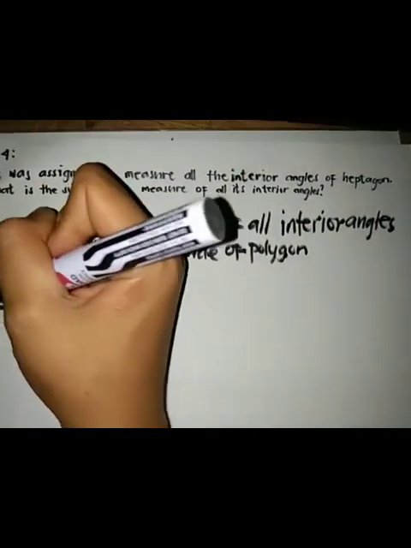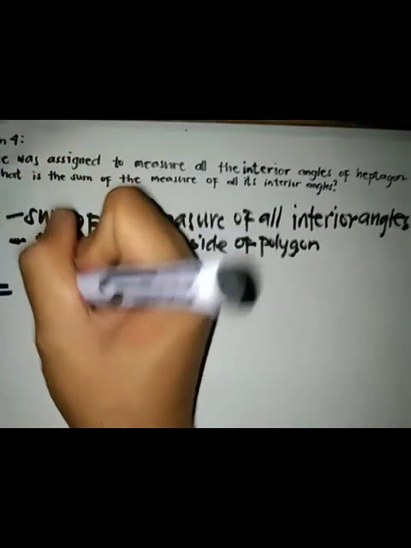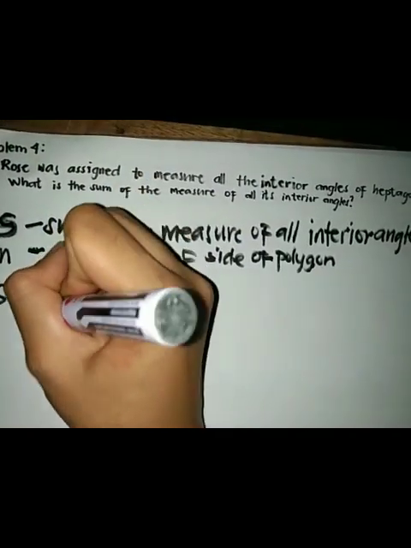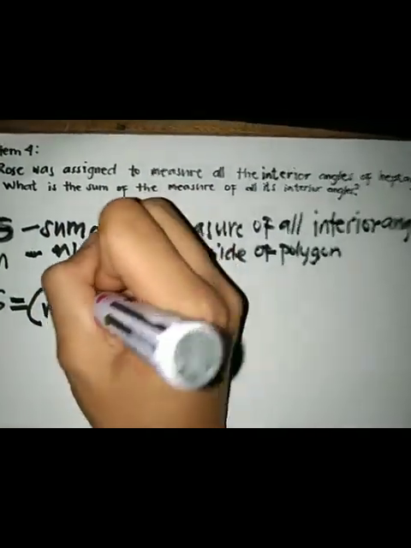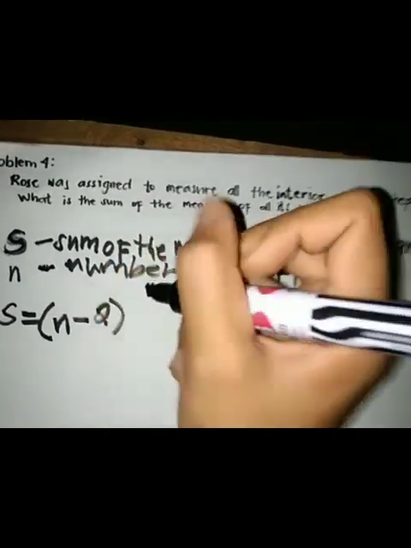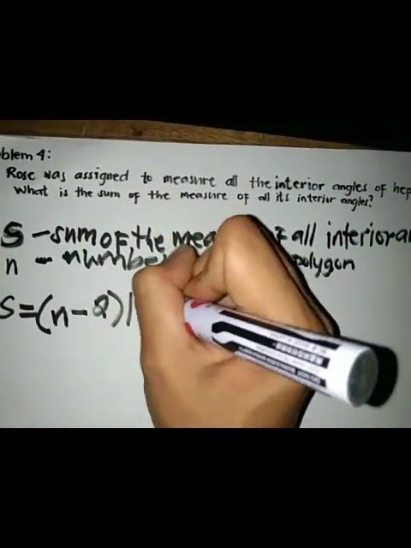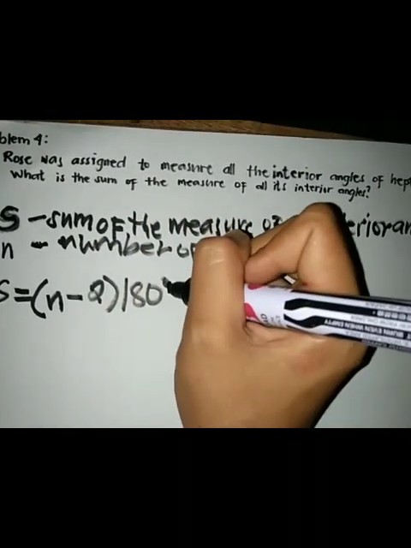The formula is S equals open parenthesis n minus 2 close parenthesis times 180 degrees.